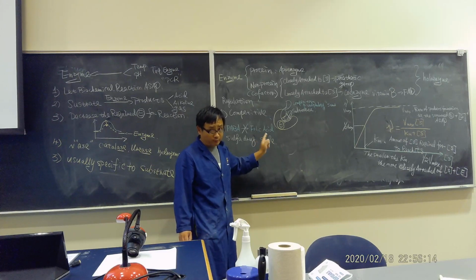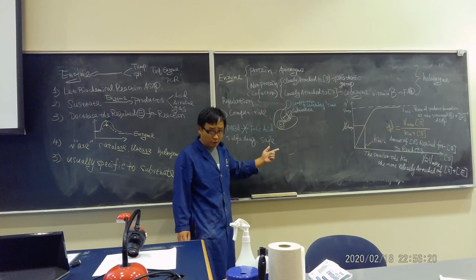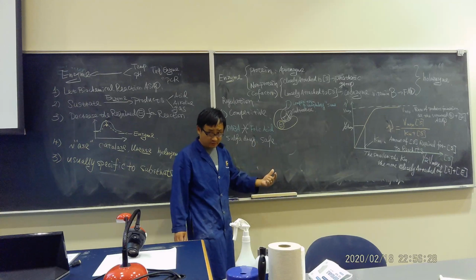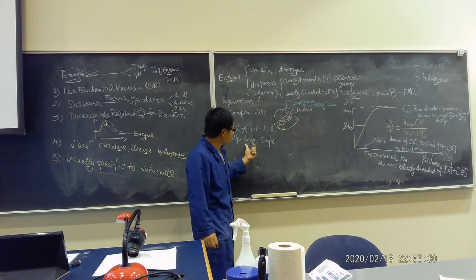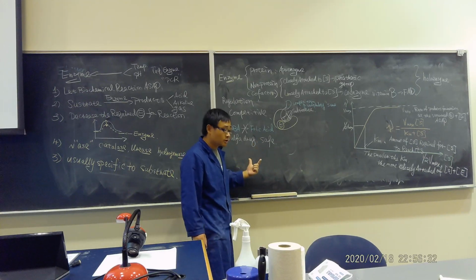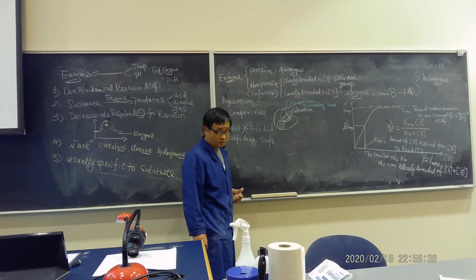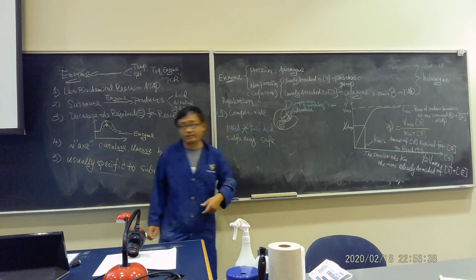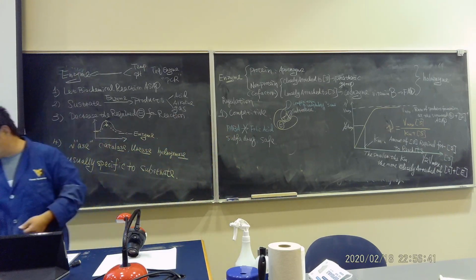So remember, if you're a pregnant woman, they will tell you to take a 400 milligram capsule of folic acids daily with multivitamin. That's why the sulfur drug is safe to use, because human beings do not generate folic acids. So this is an example of competitive inhibition.